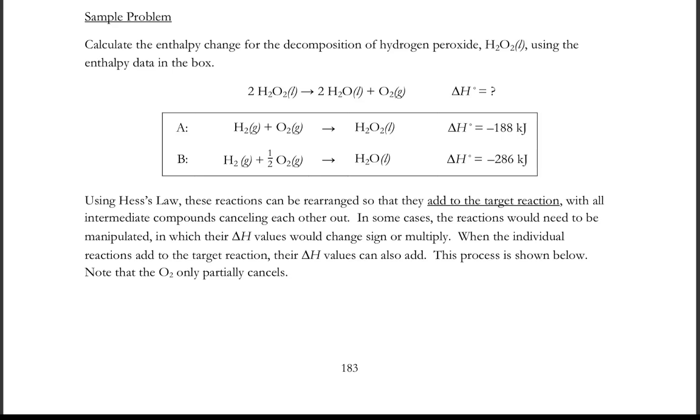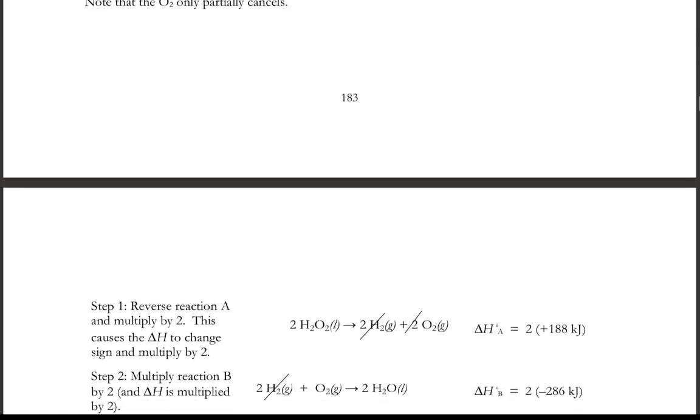For the second reaction, it's got water in it. We need that. It's on the correct side, so that's good, but we do need to multiply it by 2. So we're going to multiply the reaction through by 2, and we're going to multiply its delta H by 2. Alrighty, so we see that done over here.